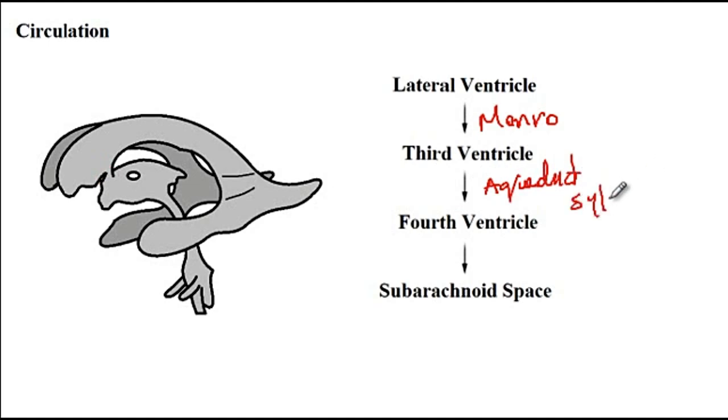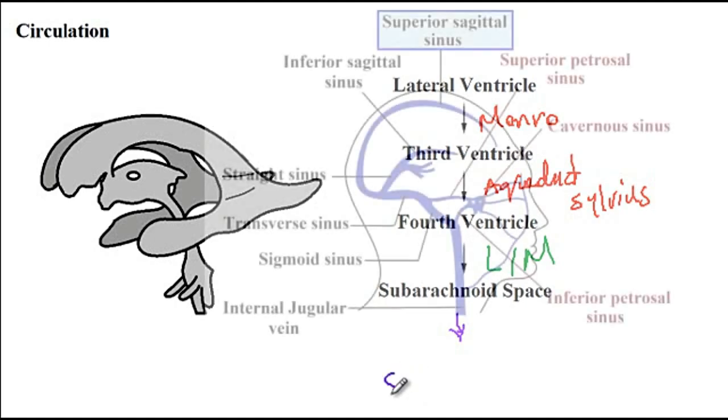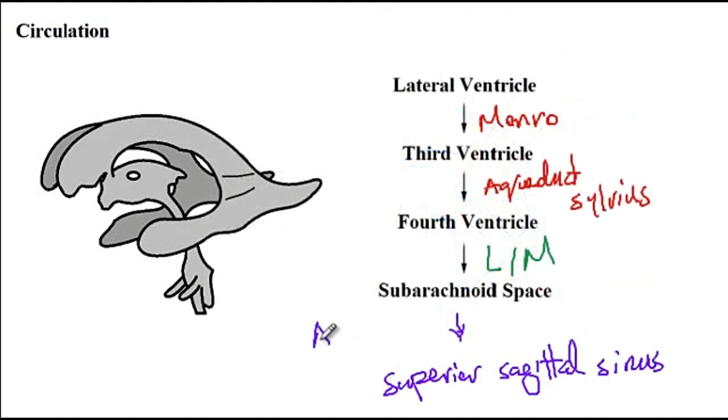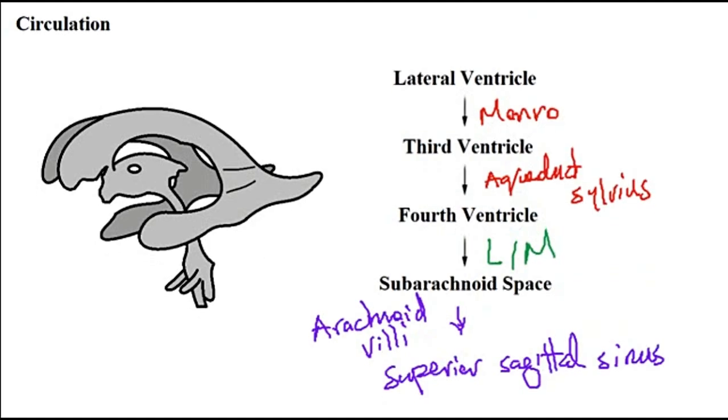And then from the fourth ventricle via the foramen of Luschka and foramen of Magendie, it would be transported into the subarachnoid space. And then from the subarachnoid space, it would be transported into the superior sagittal sinus via the arachnoid villi. And so with that information in mind, now we can go ahead and review different forms of hydrocephalus.